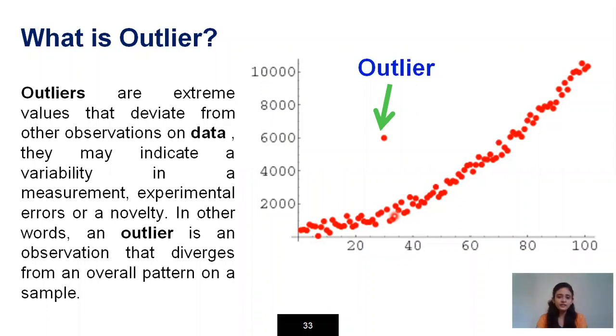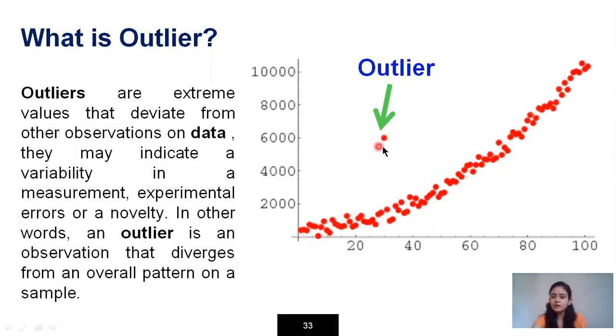Previously, I told you that I will explain what an outlier is. In this figure, you can see that these red points are my data points, and all my data points have a similar pattern, but one data point is very far from all the other data points.